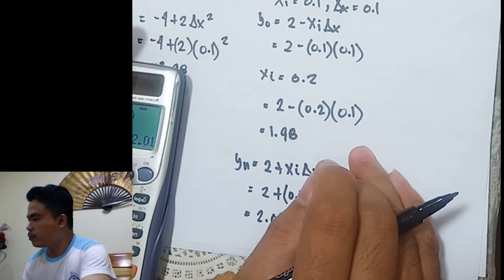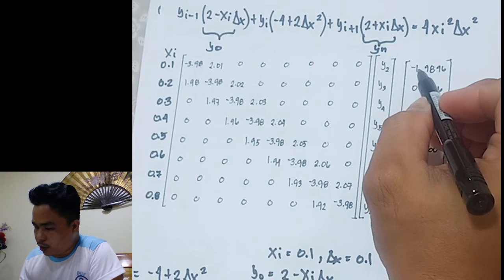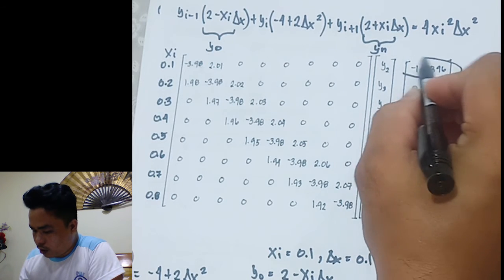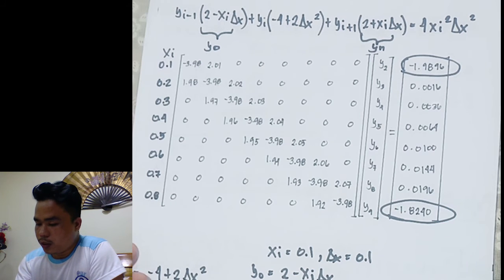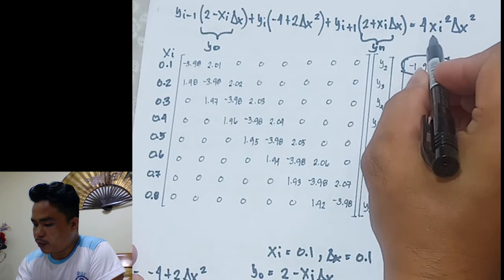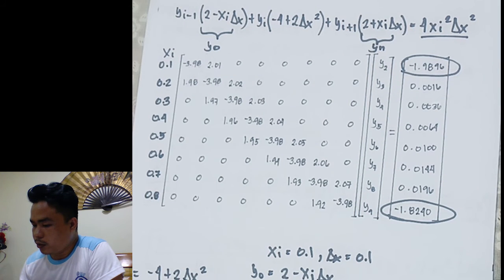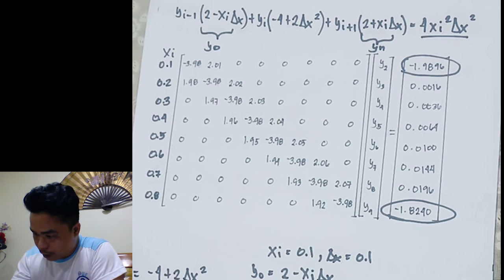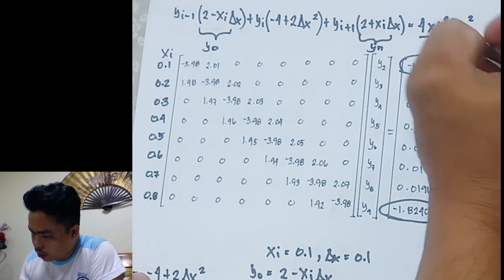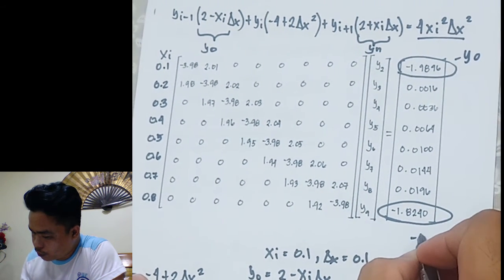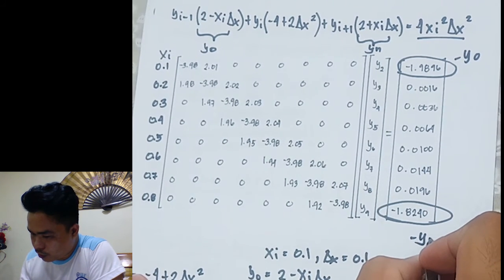And for the first and last value, here for the last value on the right hand side, we have the right-hand side value, but with a minus: this is minus y naught, and this is minus yn.